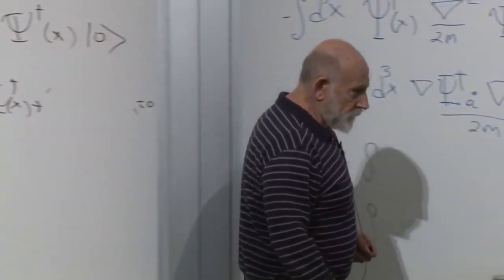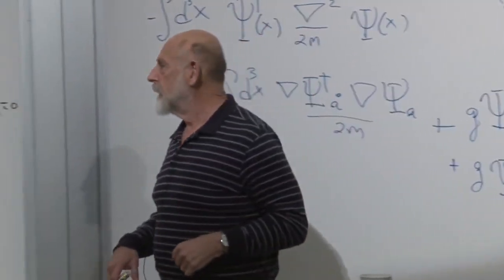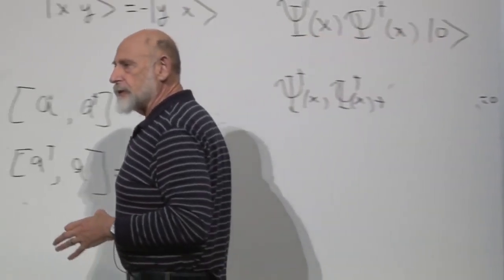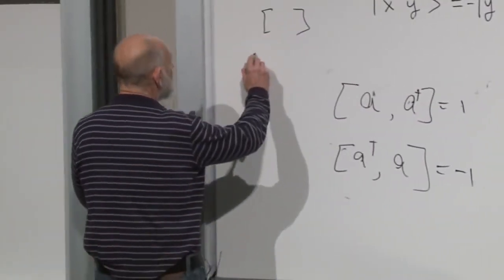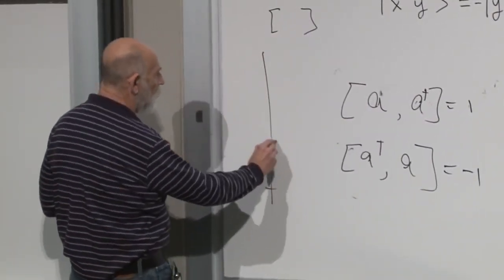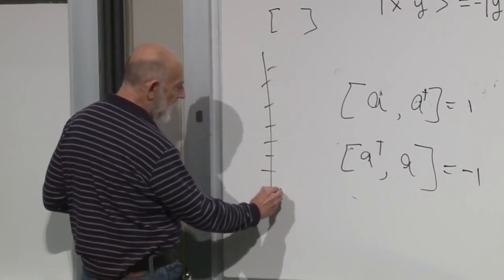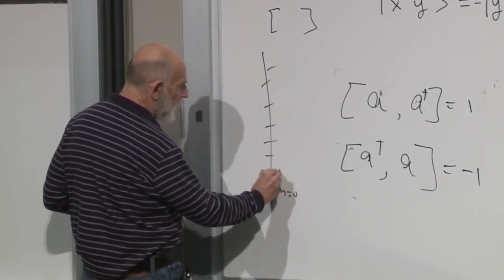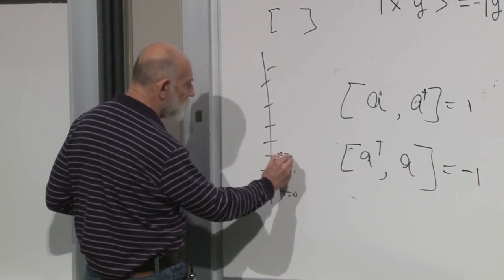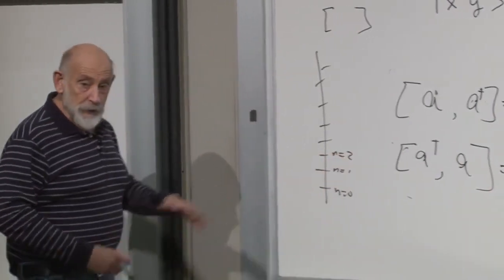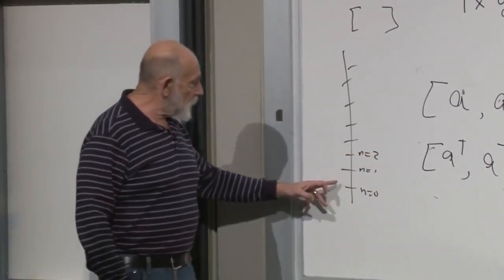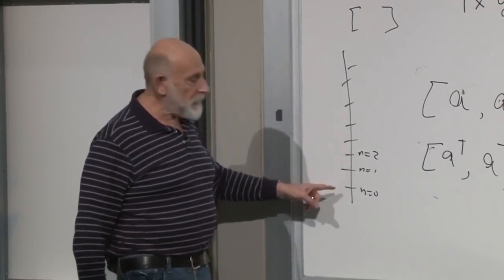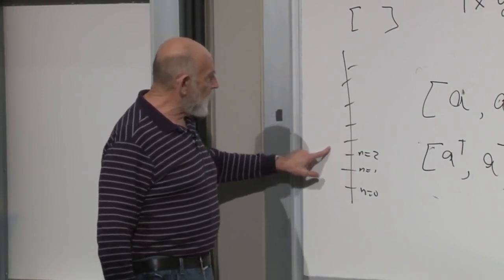And in fact, creation operators and annihilation operators are fundamentally different. Here's the stack of all possible states: n equals 0, n equals 1, n equals 2. Mathematically, creation operators do not annihilate any state. They just take you up the ladder.